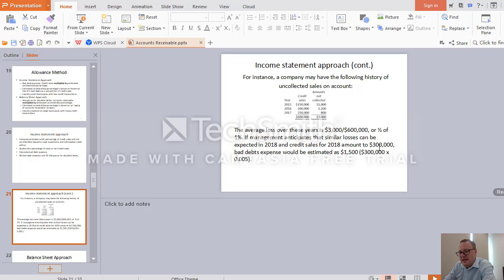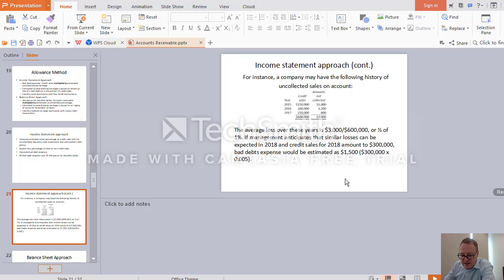So this year the credit sales were $300,000. You multiply it by 0.005, by 0.5%, and you will find that non-payment of debts would be only $1,500, and you will debit bad debt expense $1,500 and credit allowance for doubtful debts $1,500.